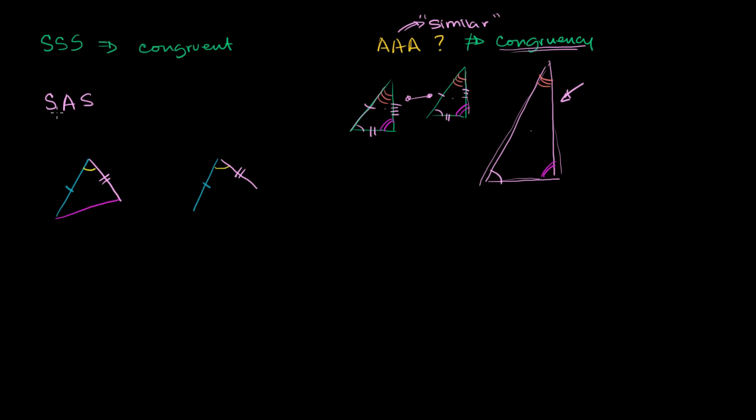Because we only know that two of the corresponding sides have the same length, and the angle between them, and this is important, the angle between the two corresponding sides also has the same measure, we can do anything we want with this last side on this one. It's going to have to start right over here. You could start from this point, and we can pivot it to form any triangle we want.